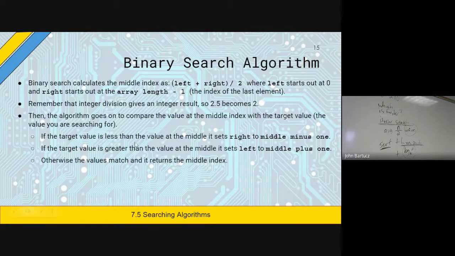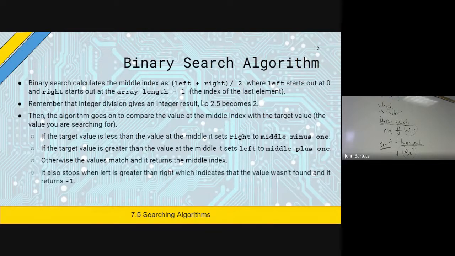So it commonly uses integer division. And all that means is that if you have an even number, it'll take the lower one. So if you have like 1 through 8 and you guess too low, then the next one it's going to pick is 4, not 5, as the middle value.